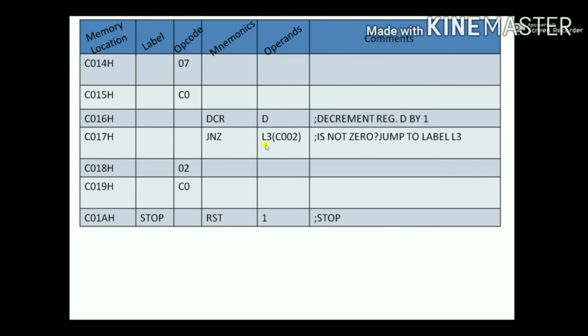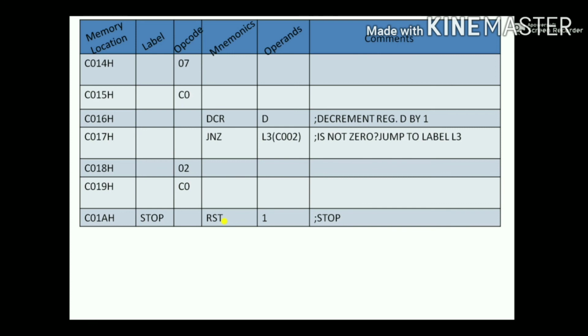Then JNZ L3 means we have to jump to L3 if it is not 0. The L3 label we have given to the first instruction, LXI H, C200H, which is at the memory location C002H. So we will write 02 first and then C0. And the last is stop, which means we are done with the program.